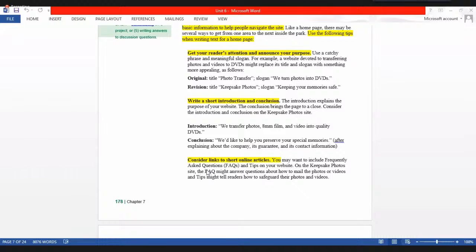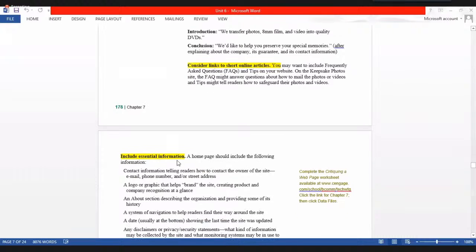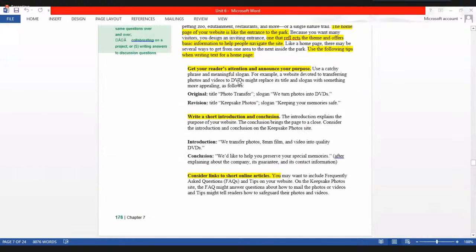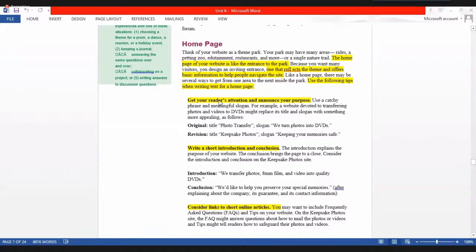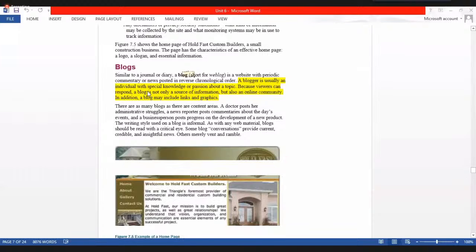You should also think of those links. What other links can lead the readers? Then include essential information. Only necessary information you include. So by paying attention to these tips, if you write text for a home page, then that will be effective. Then you have blogs.